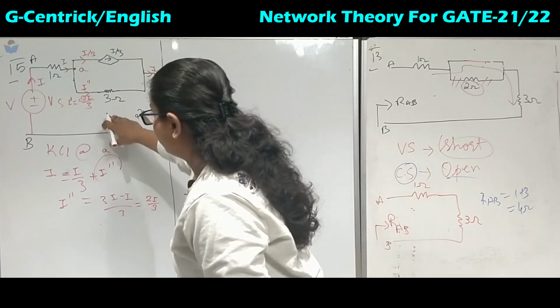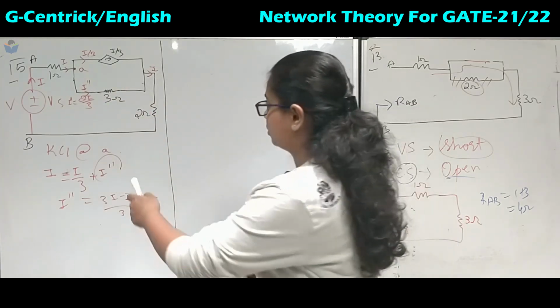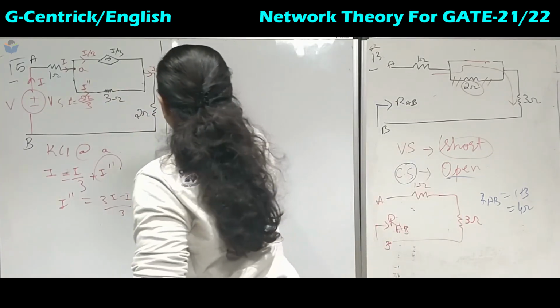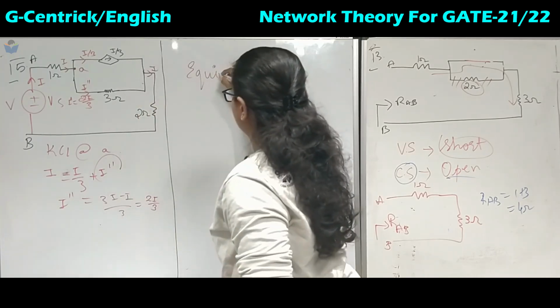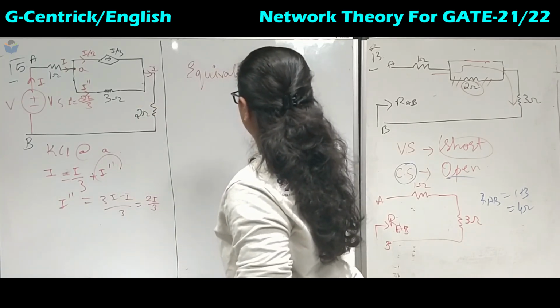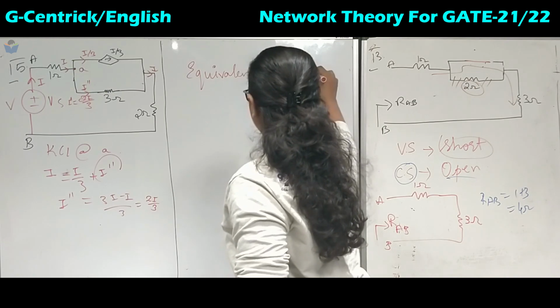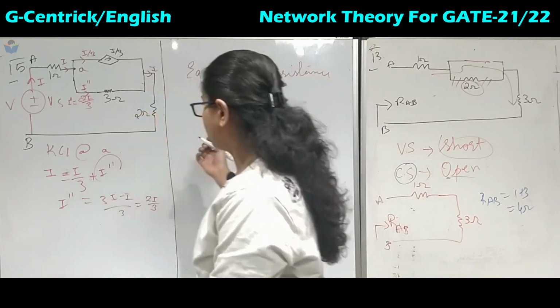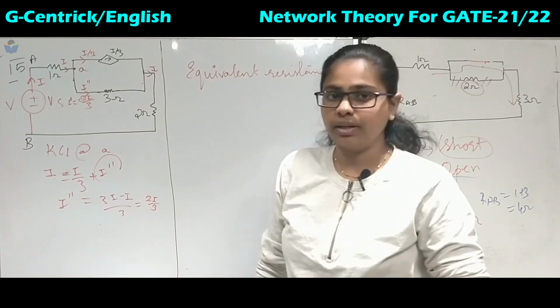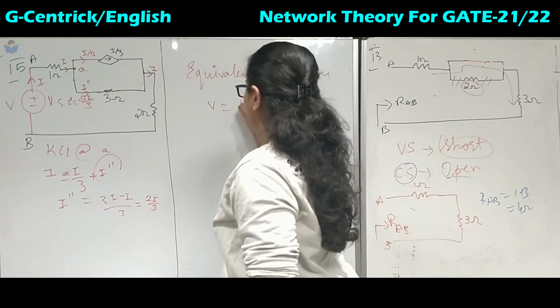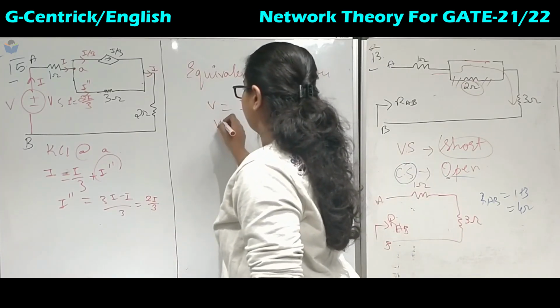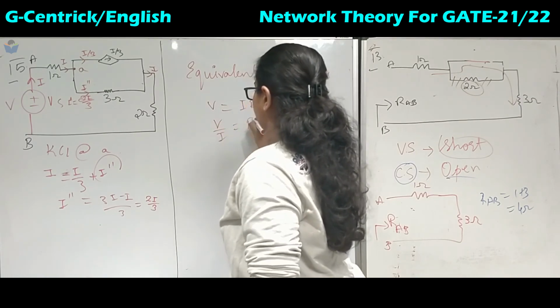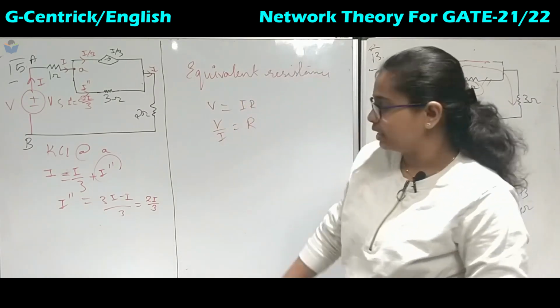Now what we have to do is we need to calculate the equivalent resistance. So to calculate the equivalent resistance, what we will do, we will apply the KVL. Because we know that voltage is equal to I into R. So we know the voltage, we know the current, so we can directly calculate the resistance.